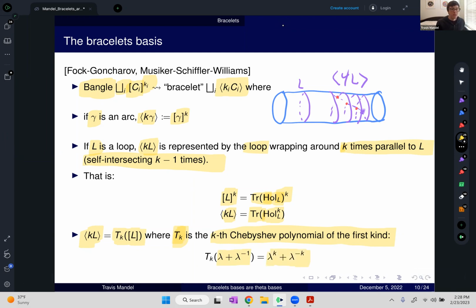So if you think of lambda and lambda inverse as being the eigenvalues of your element of SO2, you can see how it relates to that. The kth power of the holonomy has eigenvalues which are the kth power of the original ones. So you get this relation. And this idea to use Chebyshev polynomials like this actually goes back to the 90s paper by Fock and Goncharov.